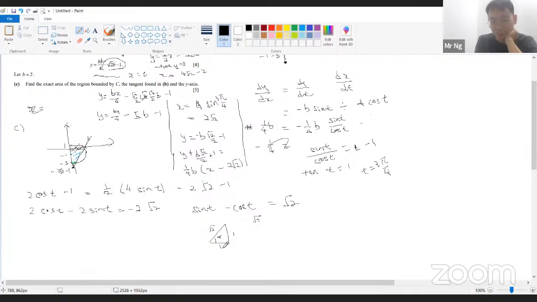So this 1 will be square root 2 times cosine alpha sine t, where your alpha is 45 degrees.